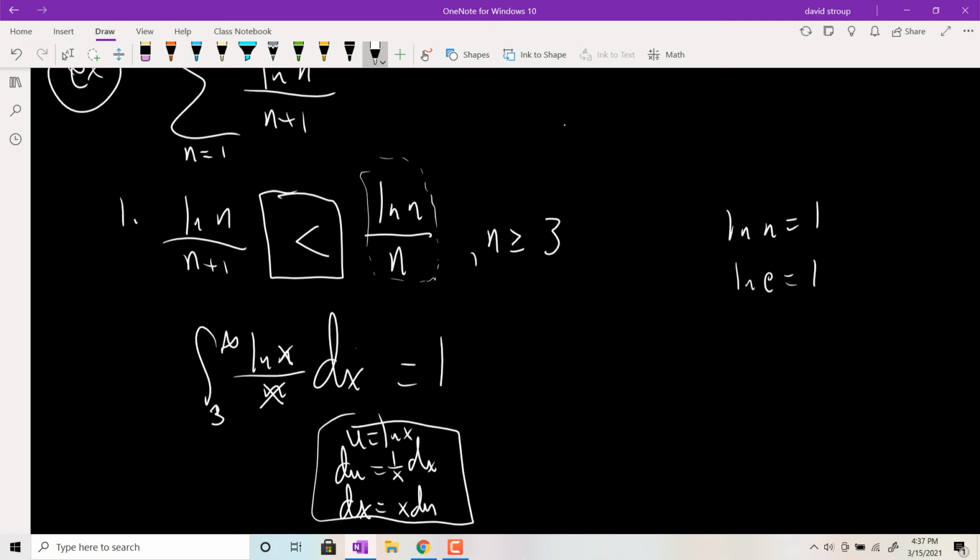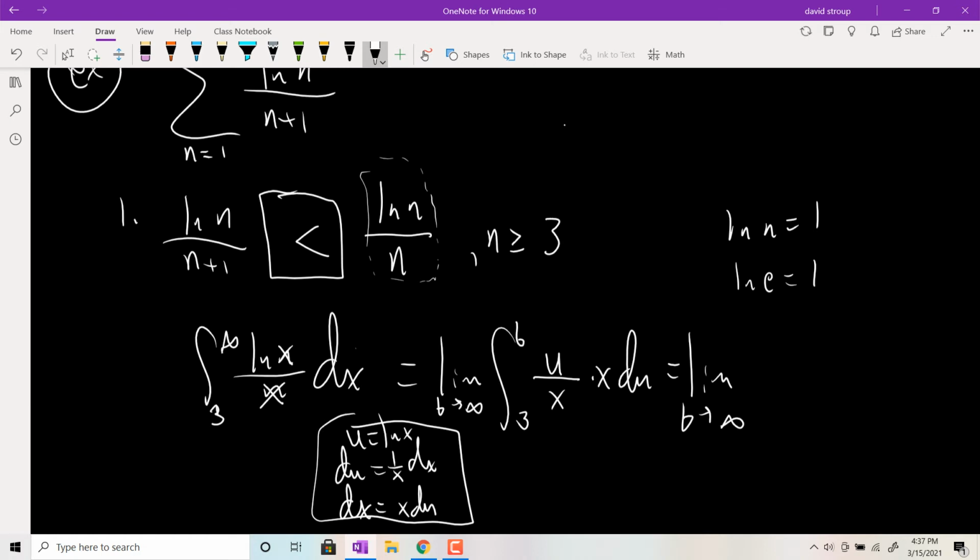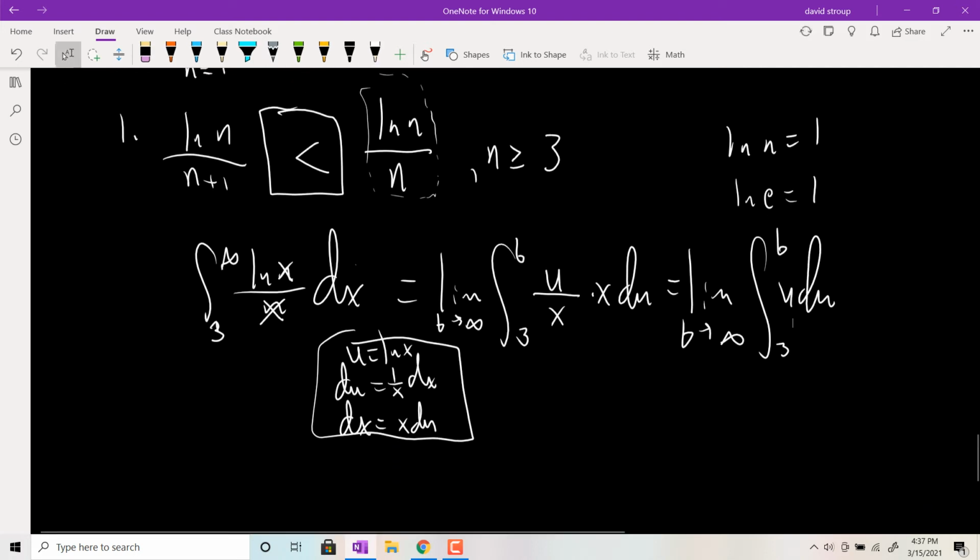So this will become the limit as b goes to infinity of the integral from 3 to b. I'm replacing ln x with u, all over x times x du. This will be the limit as b goes to infinity of the integral from 3 to b of u du. Then we can integrate that thing.